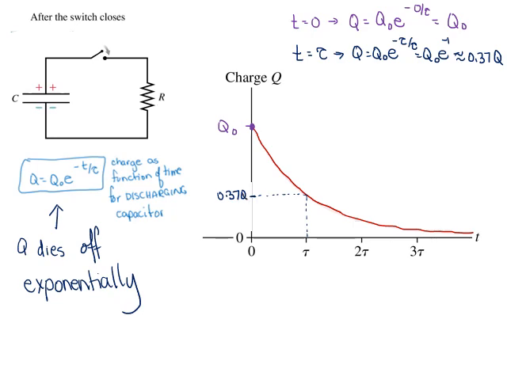Okay, what about at 2 tau? T equals 2 times tau. Then our charge Q is equal to Q0 e to the minus 2 tau over tau, equals Q0 e to the minus 2. If you do that in your calculator, it turns out to be about 0.14 times Q0. So the next point on the graph, it's gone down to about 14% of its original value.